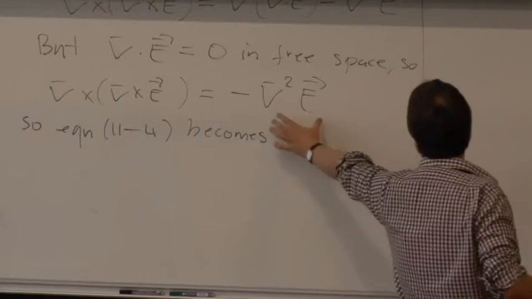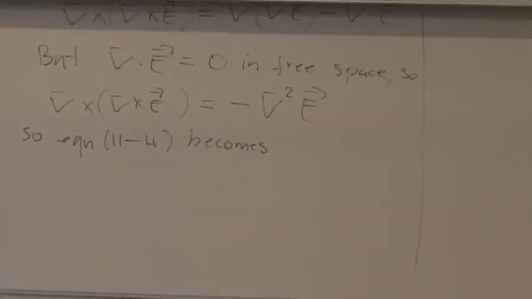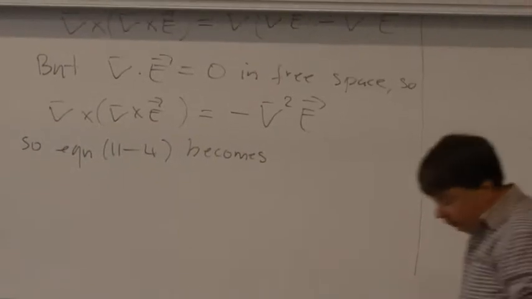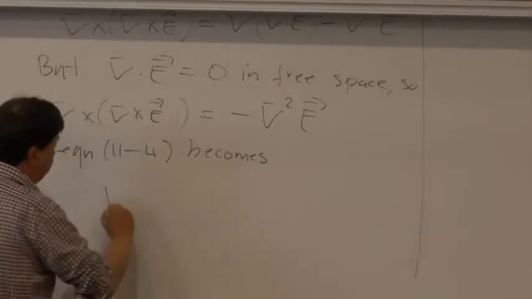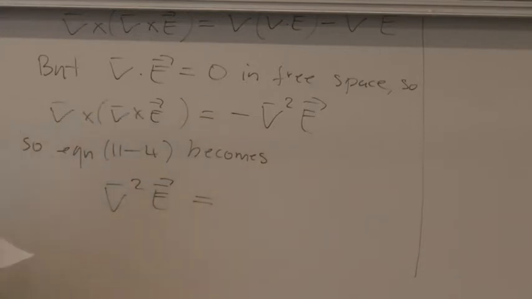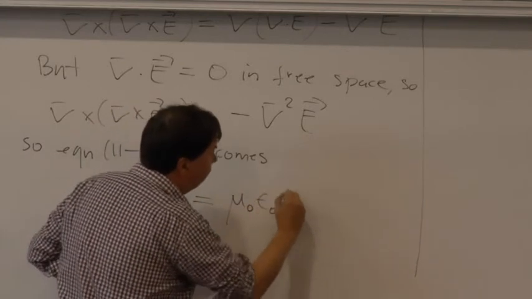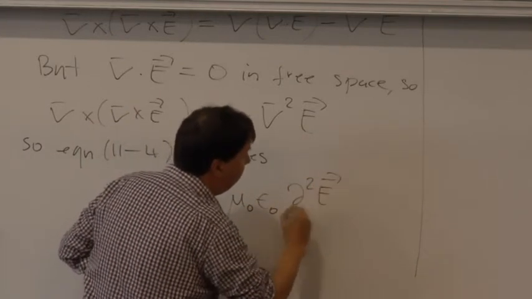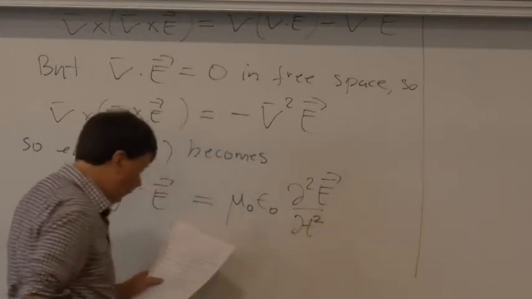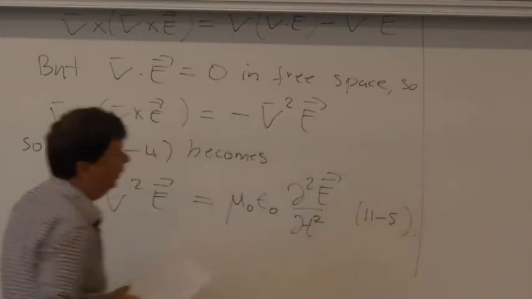Of course, I've got a minus del squared E on this side of the equation is equal to a minus mu naught epsilon naught d2E by dt squared. So, of course, I get rid of the minus signs and just write this equation as del squared applied to the electric field is equal to mu naught epsilon naught d2E by dt squared. And this is, if you like, our vital equation.